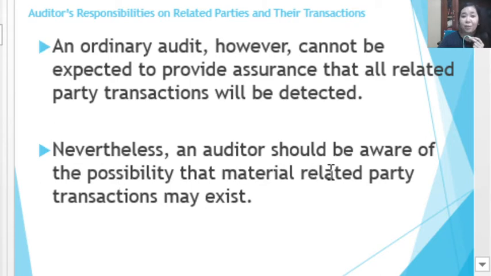Nevertheless, an auditor should be aware that there is a possibility that material related party transactions may exist. So it is still the responsibility of the auditor to detect and determine if there are indeed related parties.